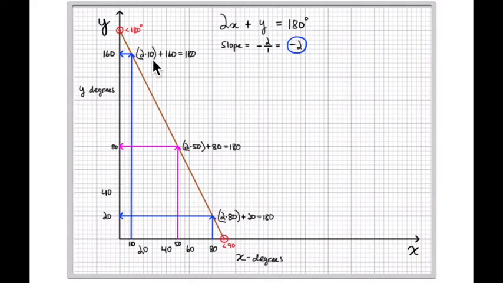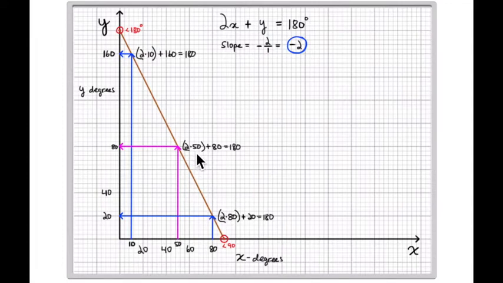So 2 times x, 20 degrees, plus 160 degrees equals 180. 2 times x, 100 degrees plus 80 degrees equals 180. And 2 times x, 2 times 80 is 160 degrees plus 20 degrees equals 180. So each of these points are solutions to this equation up here. 2x plus y equals 180 degrees.